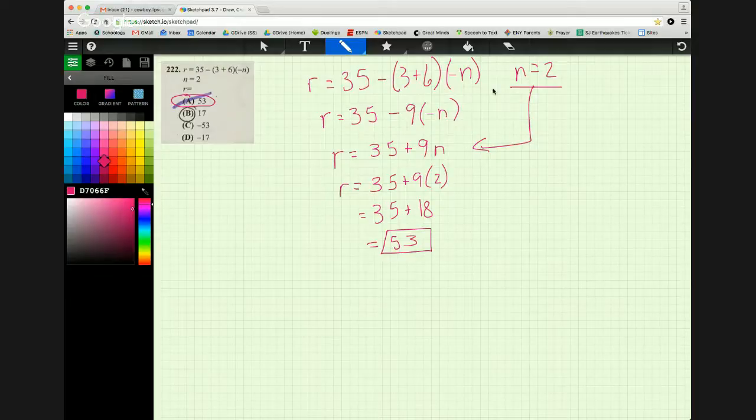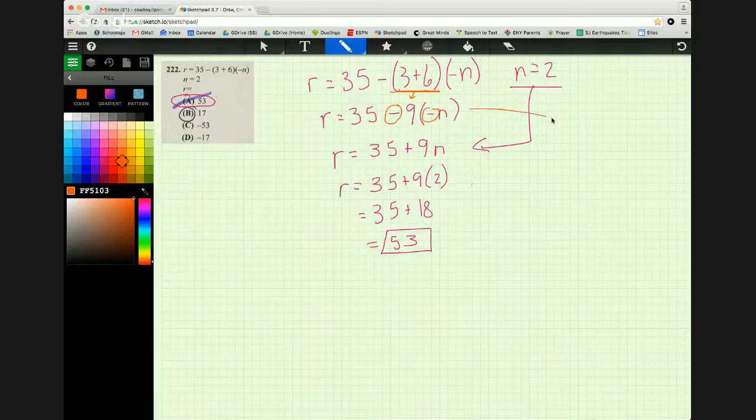The first thing to do is to see that 3 plus 6 can be simplified into 9. And the second thing, which is really key, is that when we have this negative here and this negative here, when you multiply that out, you're going to end up with a positive 9N.